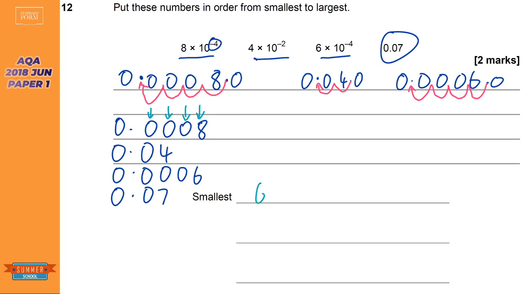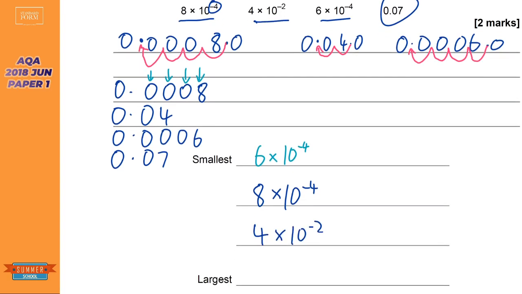So the smallest is 6 times 10 to the power of minus 4. Next up is that 0.0008, which is 8 times 10 to the power of minus 4. Then the smallest remaining would be 0.04, which is 4 times 10 to the power of minus 2. And then the largest there would be that 0.07.